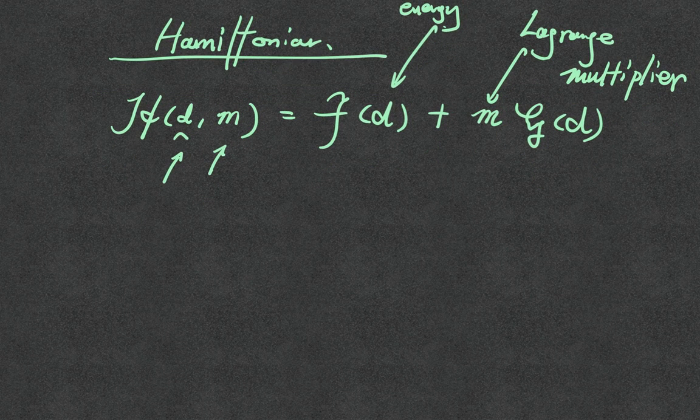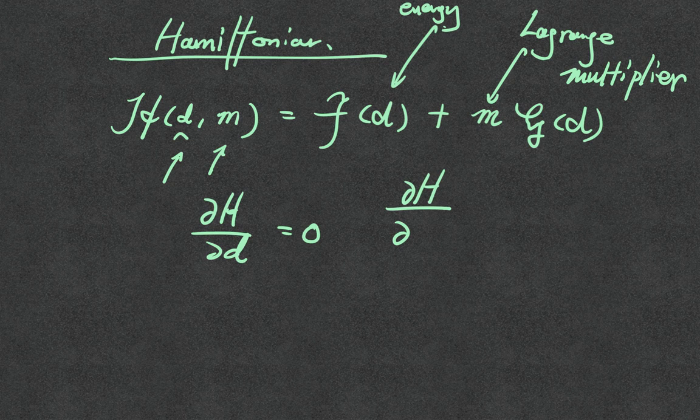In this case, the governing equations would be the first derivative with respect to D, and the first derivative of the Hamiltonian with respect to the Lagrange multiplier.